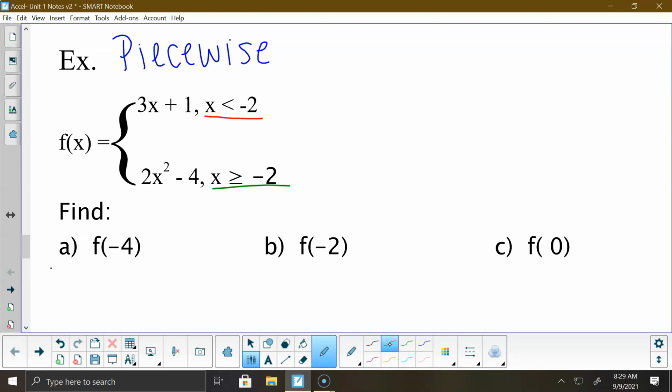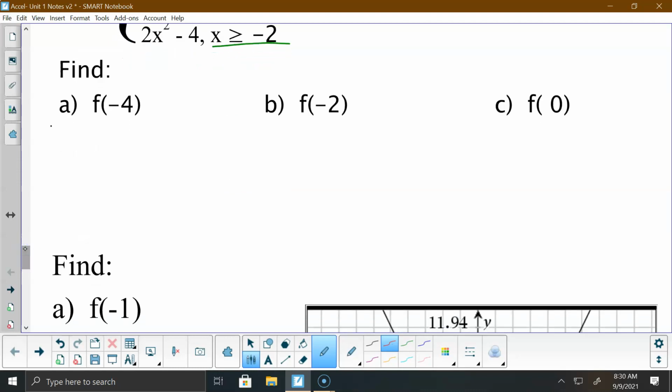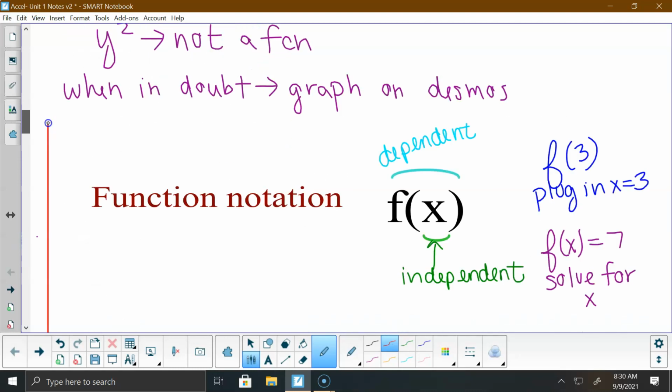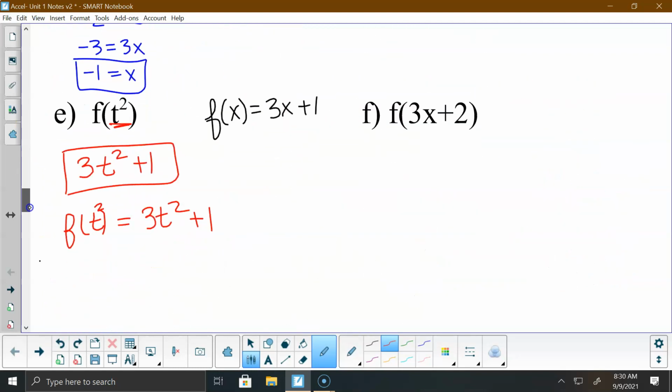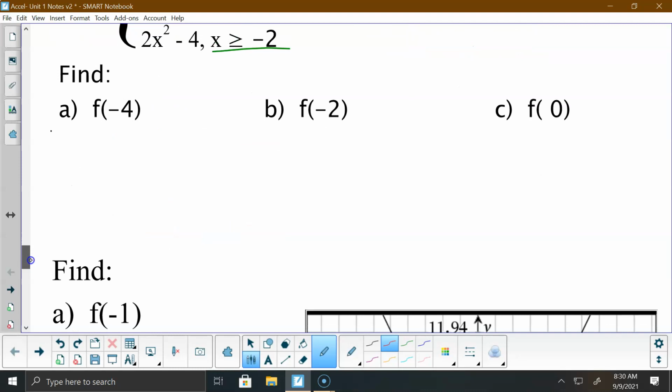All right, so these restrictions, and I'm color coding for a reason. I always look at it first and figure out which function I need to use, okay? So for A, it says f of -4. So is -4 less than -2, or is it greater than or equal to -2? Yeah, it's less than. Okay?